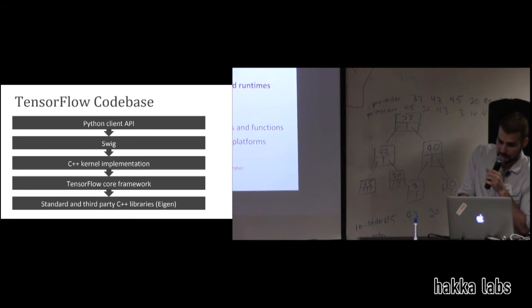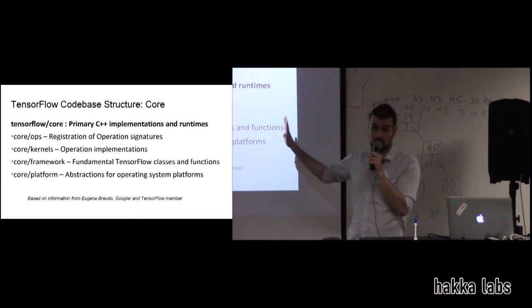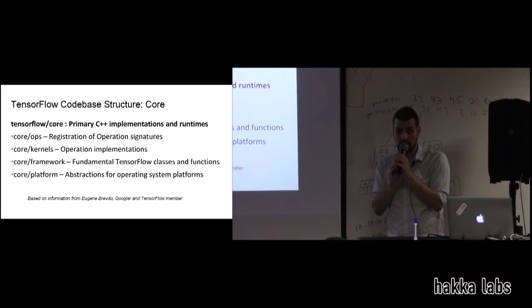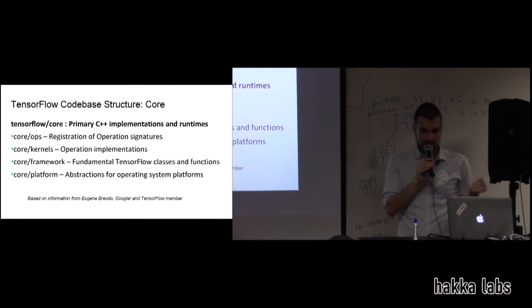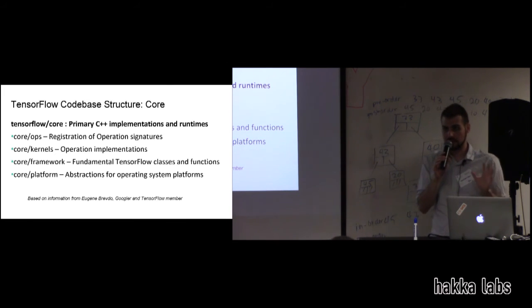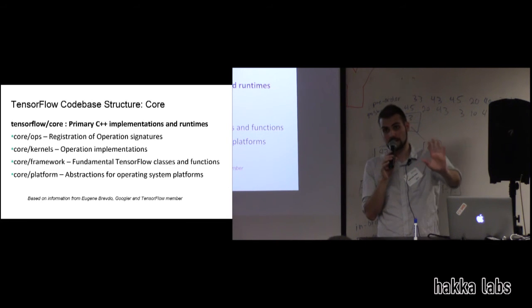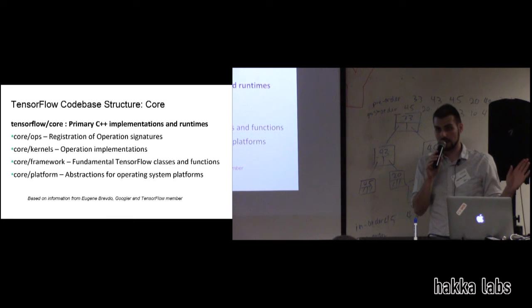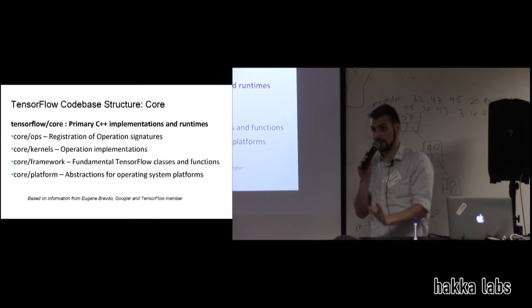So for the rest of this talk, I'm going to try to go over just the structure of the TensorFlow repository, because it's not explicitly made clear what's what and where you'll find things, right? And then I just want to quickly go over some basic concepts. If you are already thinking about getting into implementing your own operations, we're going to be doing more of that at the workshop next Saturday.